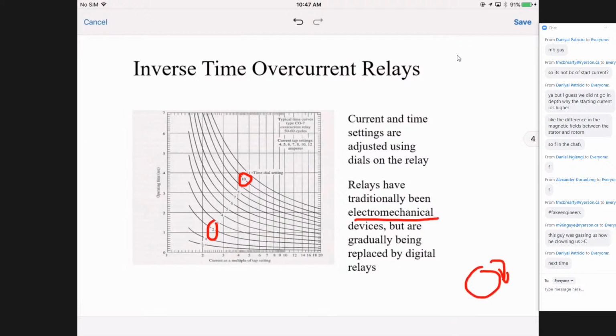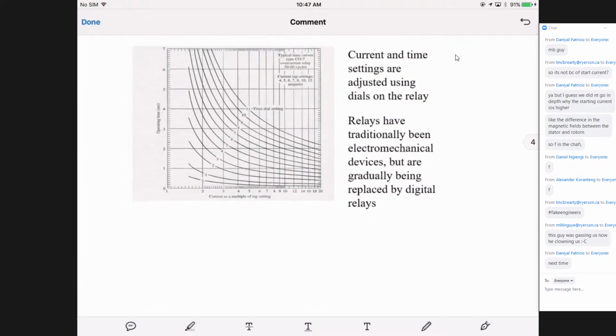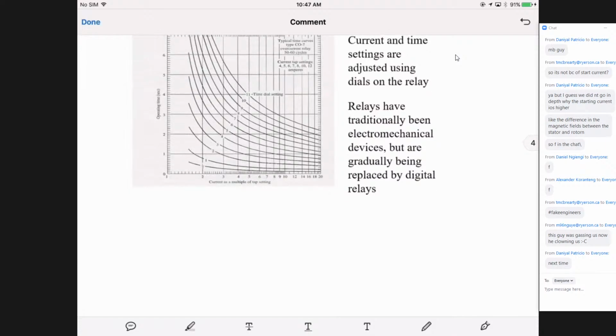You can turn it to 1, 2, 3, and so on. That is the dial setting. Don't worry about how you do it. I will tell you one solution, and you do your design.